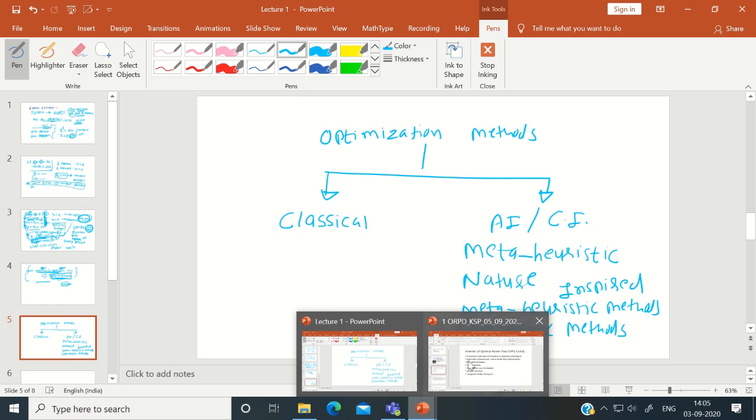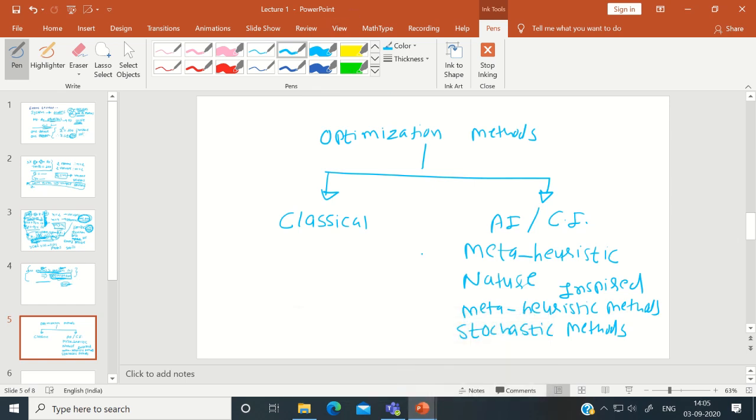Sometimes these stochastic methods are also known as probabilistic methods. Some authors use that word also.